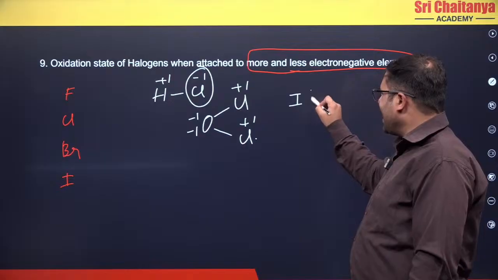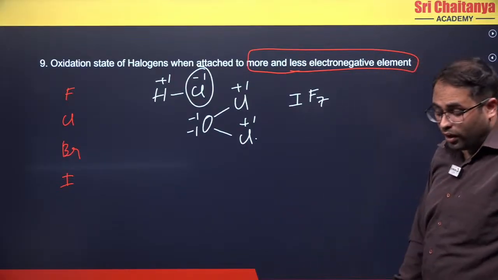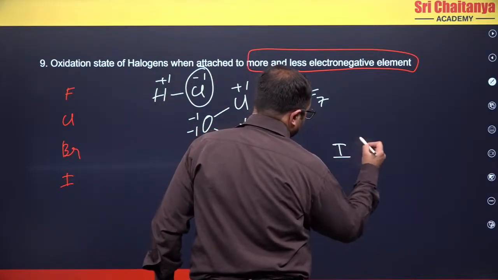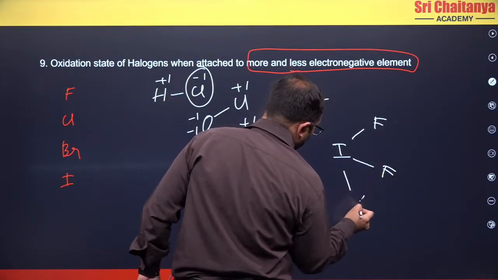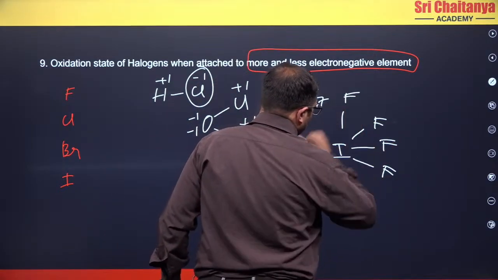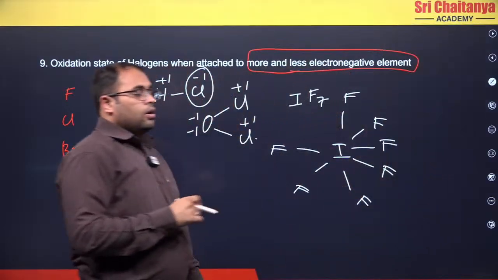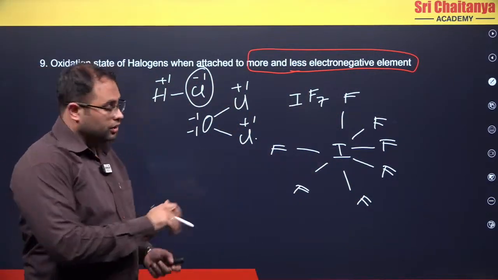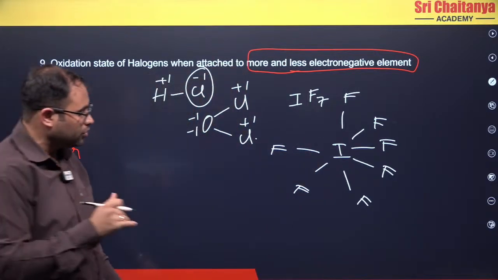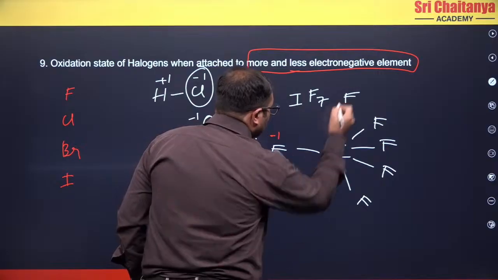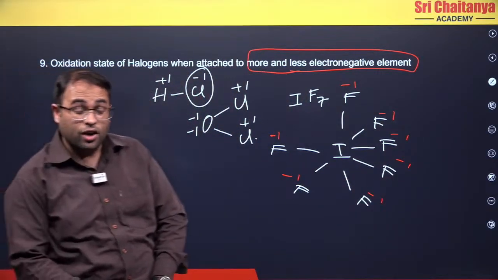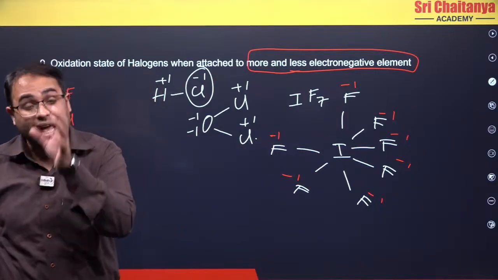Same way you have IF7. If you want to calculate the oxidation state of iodine here, understand that IF7 has 7 bonds. For each single bond, fluorine is more electronegative, so it will pull. So -1 on each fluorine, and for each -1 on each fluorine, there will be a +1 on iodine.